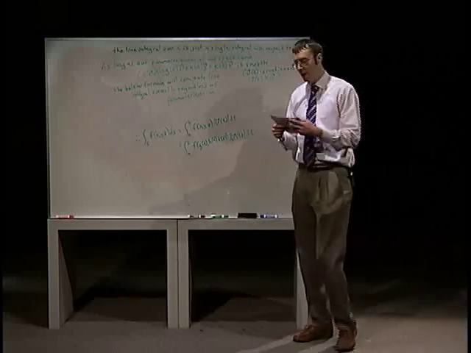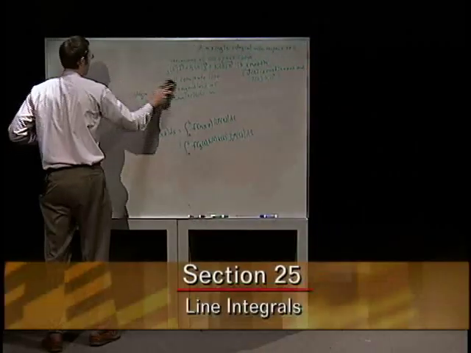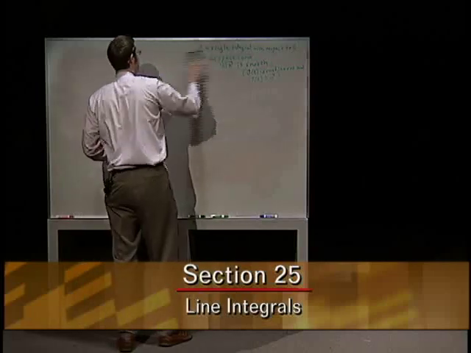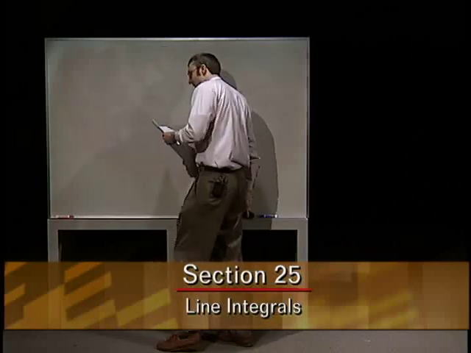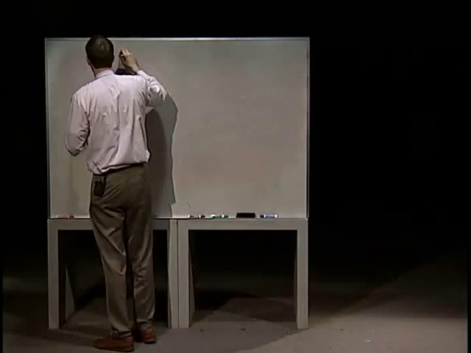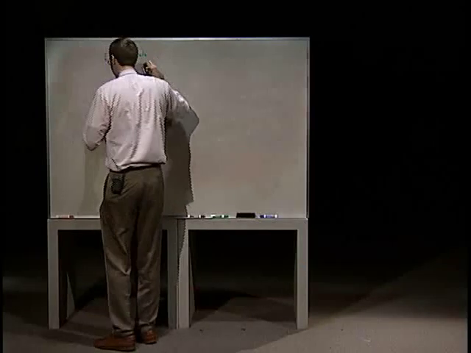Okay, so let's try an example of this thing. So we have our formula. We're ready to go with that. What is often the hardest part of these problems is finding a smooth parameterization, but the ones we're going to do are sort of meant to be doable in some sense.